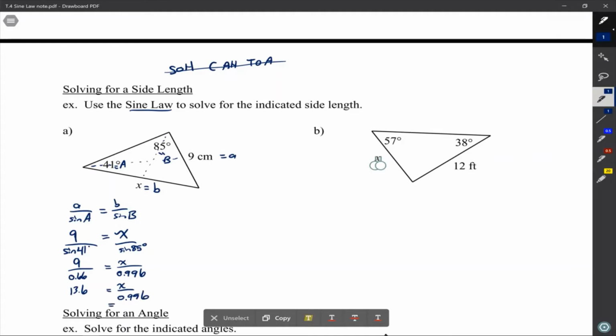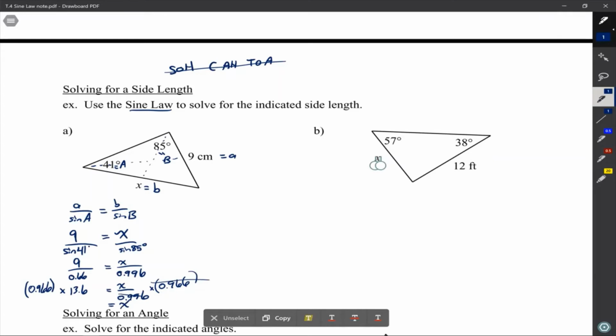And the goal is to isolate for x. Right now it's being divided by 0.996, so I can multiply it by 0.996, and I can do that to the other side as well. Those cancel out, leaving me with an x on my right side.